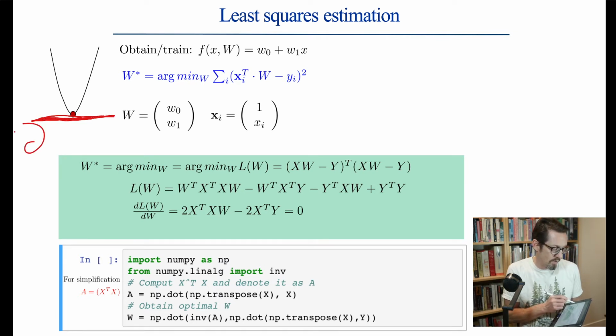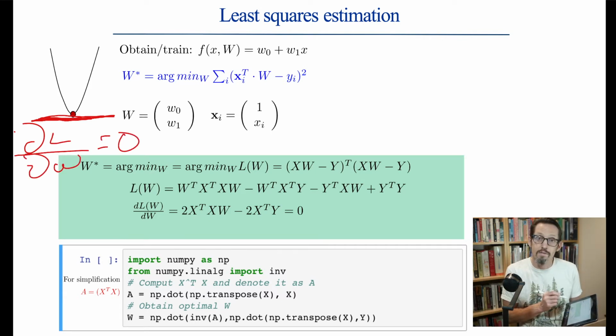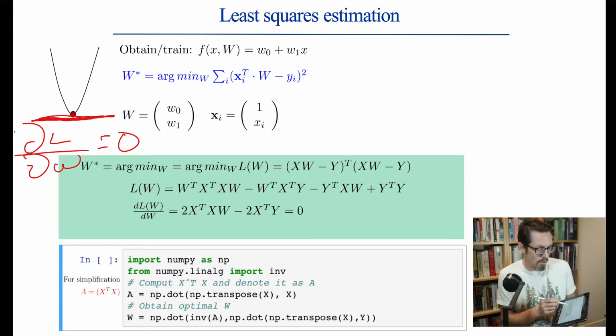So that's where the partial of loss with respect to the weight is equal to 0. Okay, so we're looking for that. Well, we better take a partial of what we did just a second ago. So we take the partial of this with respect to weight, because we're trying to find where we have that 0.